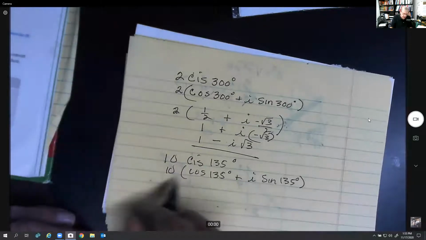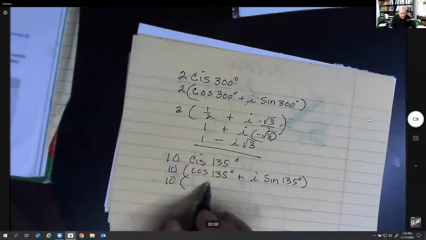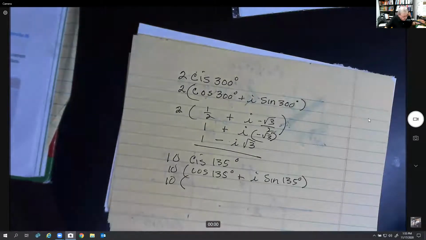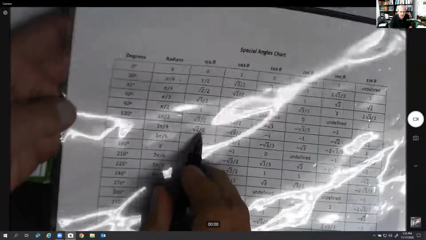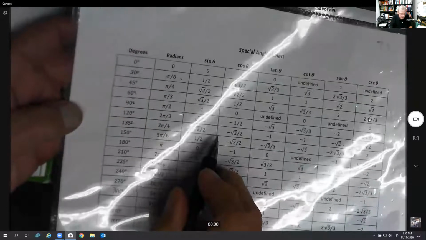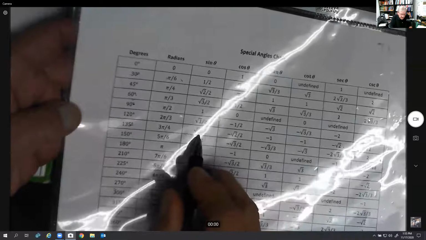Once again, we look up the values using our little chart, find 135 right across. The cosine is negative radical 2 over 2, and the sine is positive radical 2 over 2.